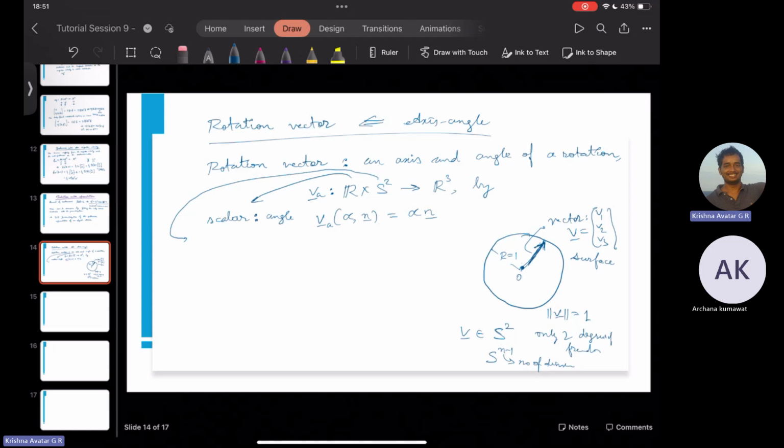This is because there is a constraint which forces any element belonging to this space or set so that not all the components of that member are independent. They are bound by a certain constraint. In this case, it happens to be that the radius or the norm of the vector has to be 1, right? So this vector indicates our axis of rotation.